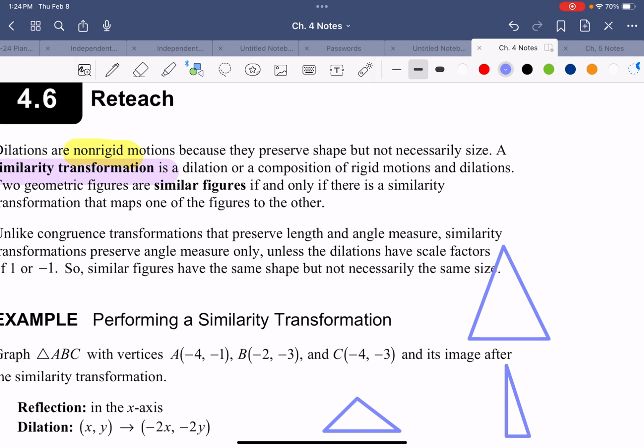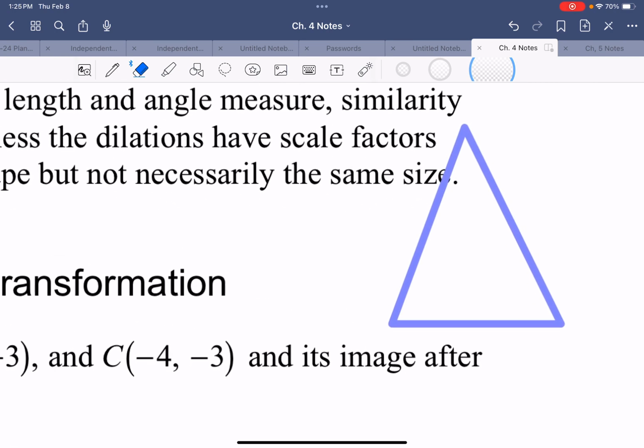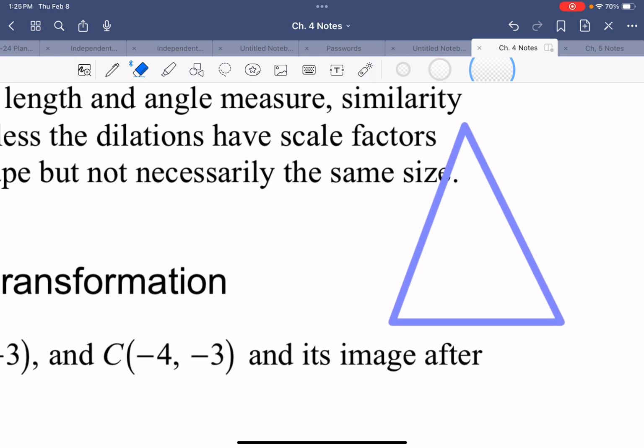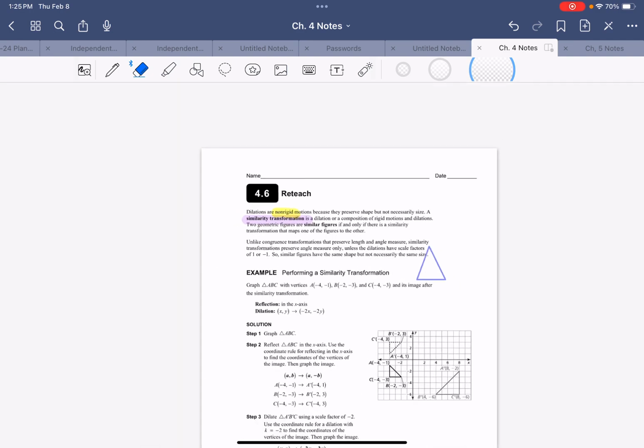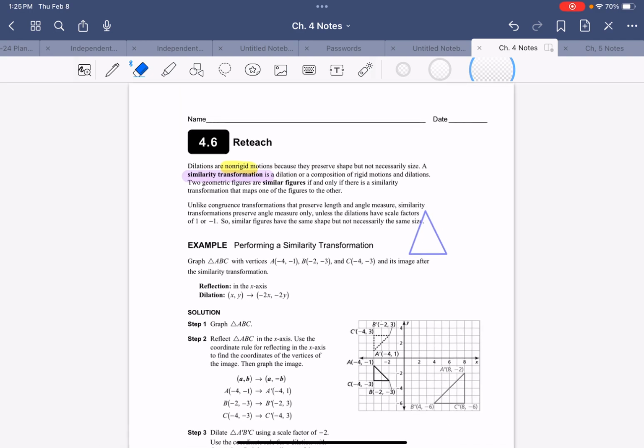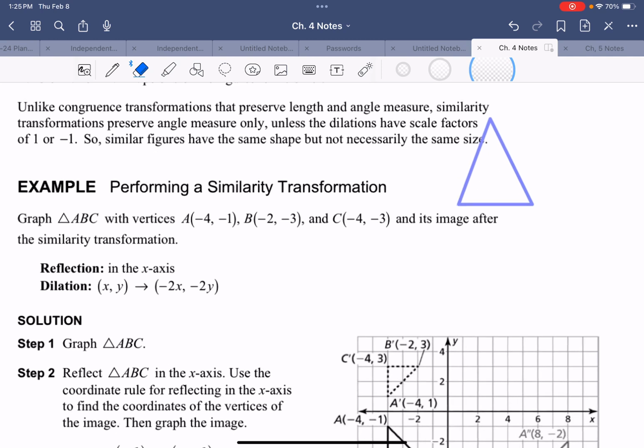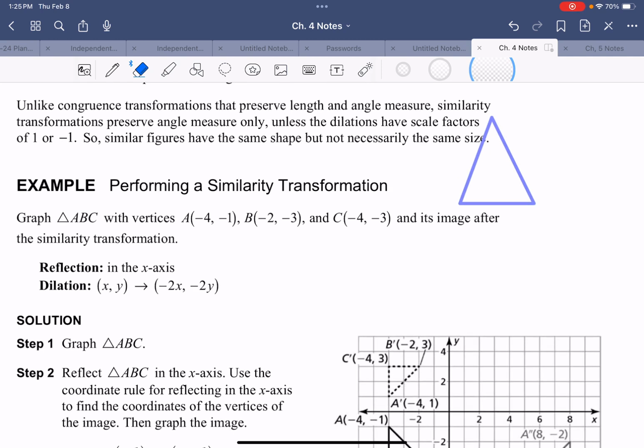Similarity would be if I take this original triangle here and I'm either enlarging it, it still has the same angle measures, or I shrink it small, it still has the same angle measures, okay? So here we've got triangle, our example, ABC, with its vertices, and its image after the similarity transformations.